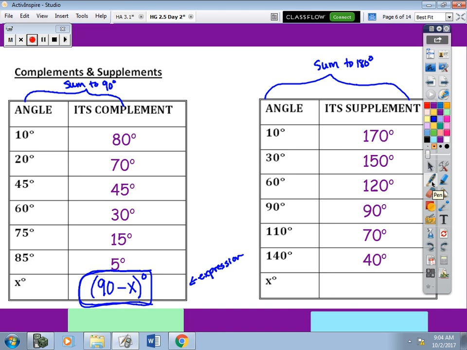And then the same thing that we looked at with the x column there, we just use the 180 now. So it'd be 180 minus x gets me the supplement, which is 180 minus x degrees. So you want to memorize that anytime you see the phrase its supplement, you will be using this expression. Anytime you see the complement, this is when we don't know what the angle is.